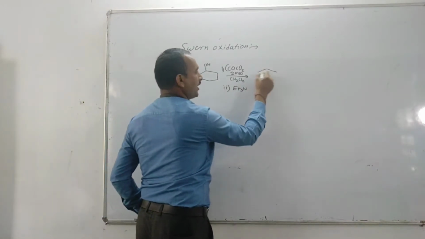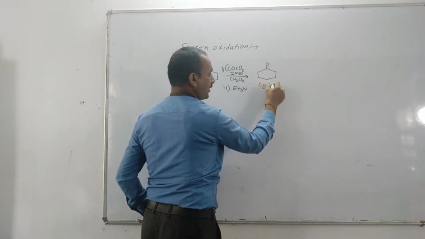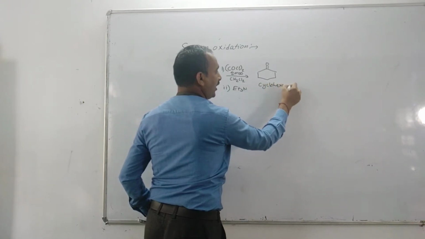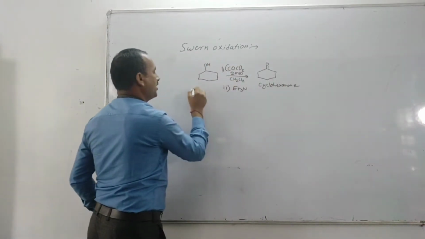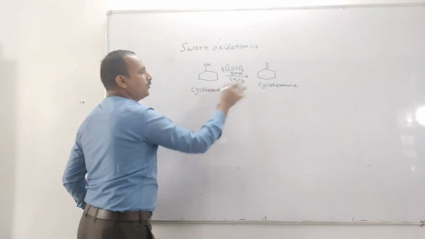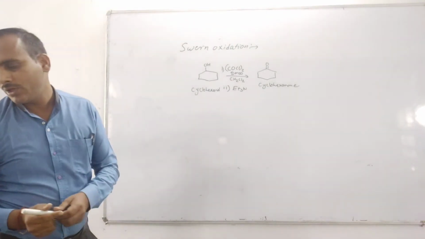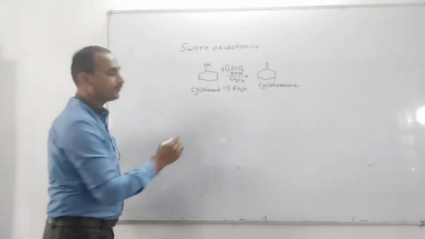So it gives cyclohexanone by the Swern oxidation reaction, from cyclohexanol to cyclohexanone.